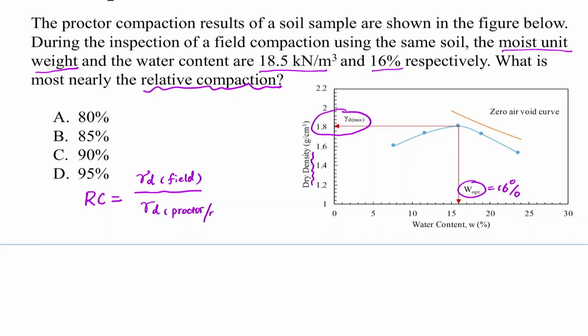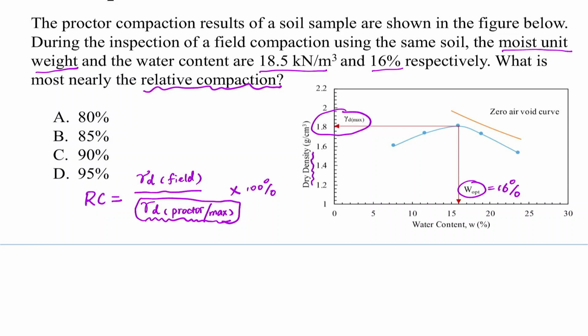Sometimes they would use max because we consider the Proctor test would give you the best compaction results.